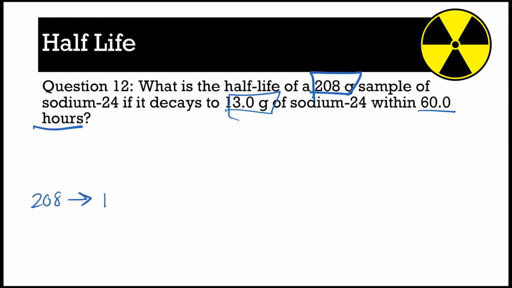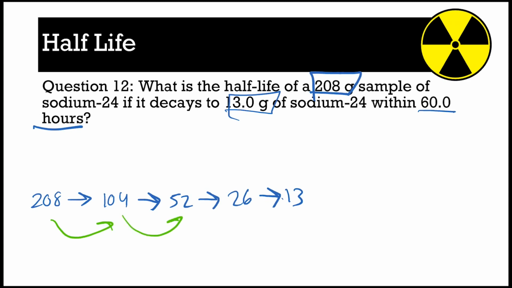After 1 half-life, 104 grams is left. After 2 half-lives, 52 grams is left. After 3 half-lives, 26 grams is left. And after 4 half-lives, 13 grams is left. So we've done 1 half-life, 2 half-lives, 3, and 4.